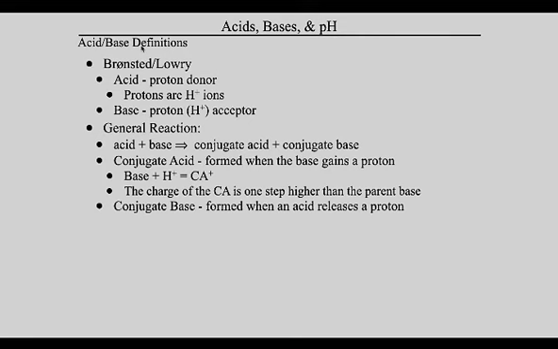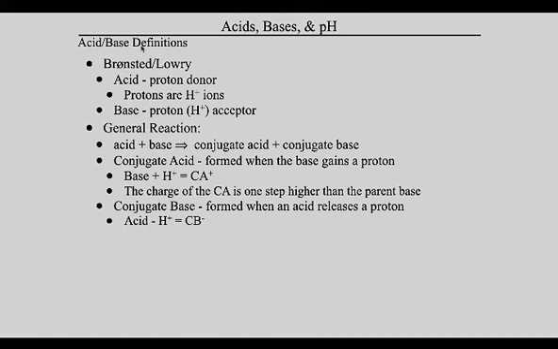So guys, the conjugate base is the thing that is formed when the acid loses a proton. So you've got an acid, it loses a proton, it becomes the conjugate base. Or if you like it in equation form, it would look like this.